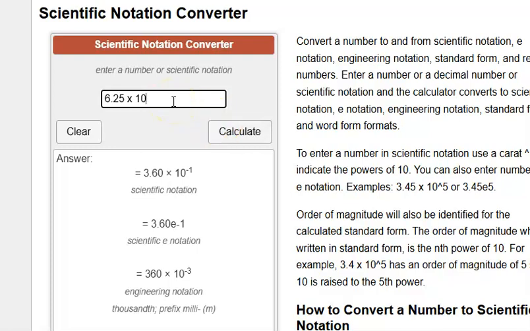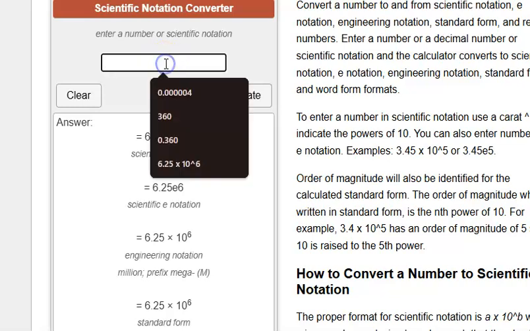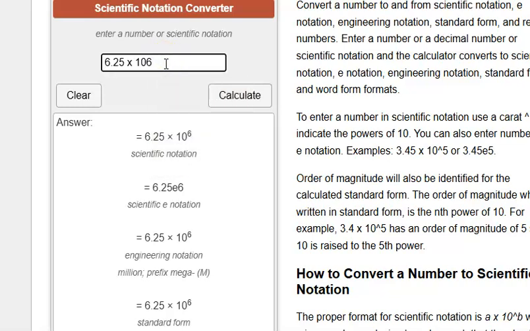Remember, it tells you to use the caret, which is the arrow sign up. I'm not seeing the caret on the keyboard, but we can copy it from the website.